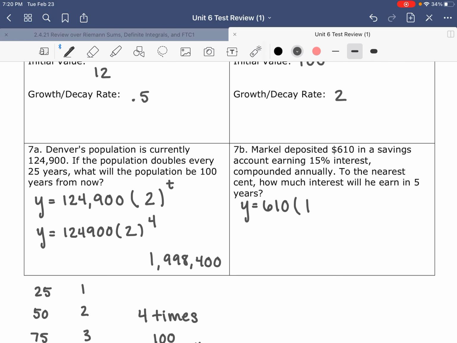And he's earning interest, so this is going to be a growth problem, meaning we have 1 plus 15% as a decimal, which is 0.15. It's going to be to the power of t. So now we need it after 5 years, so this is going to become y equals 610 times 1.15 to the power of 5.